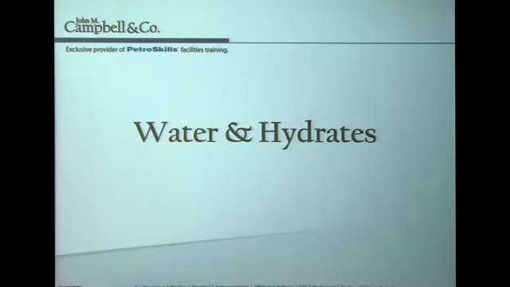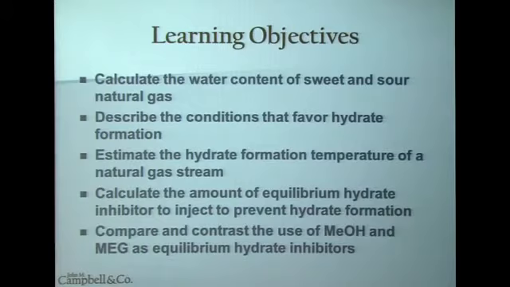In this particular chapter, what we discuss is the calculation of the water content of natural gas that is both sweet and sour. We also describe conditions that favor hydrate formation, and once we understand how hydrates are formed, we'll be able to figure out how to prevent them from occurring in a facility.